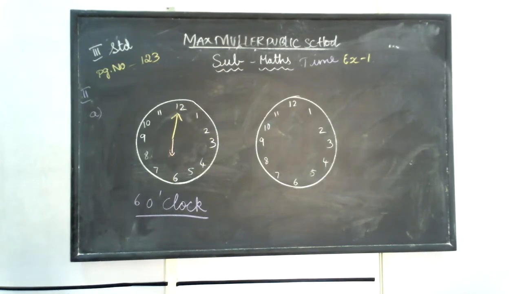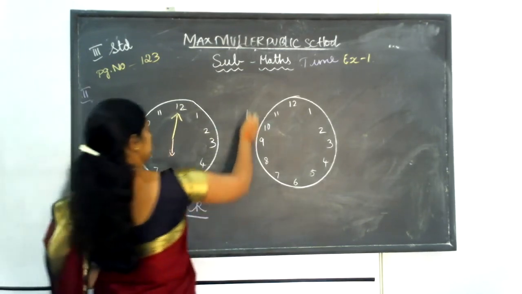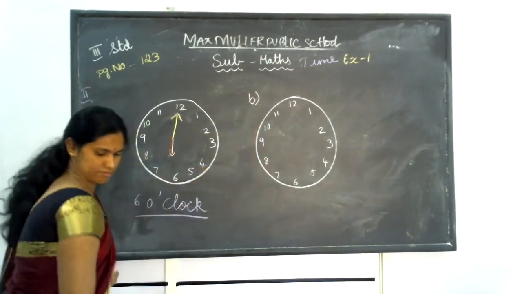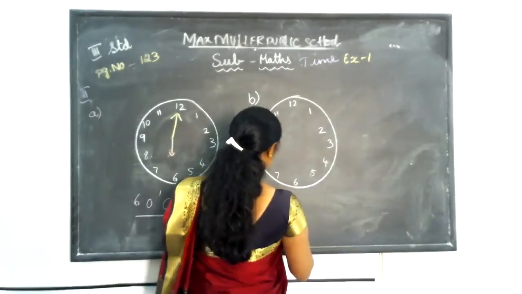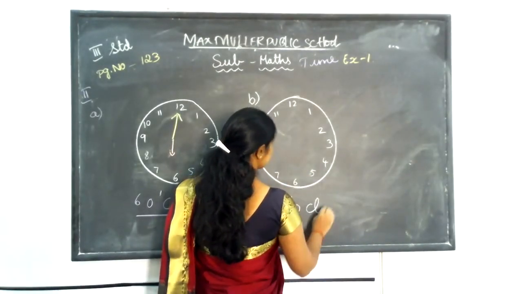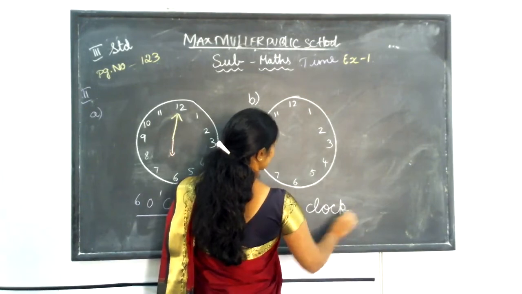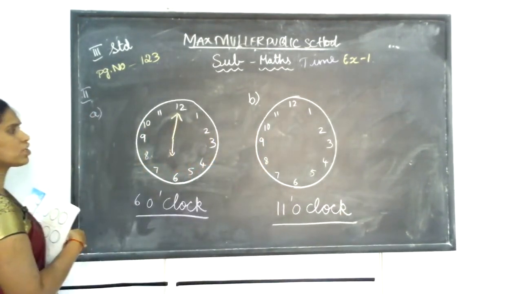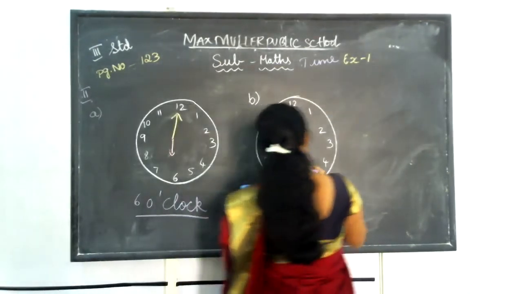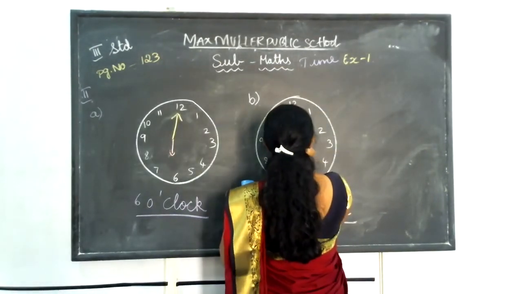Second one, you see. What is the time they have given? 11 o'clock. 11 o'clock means how will you draw now? The short hand should show towards 11.